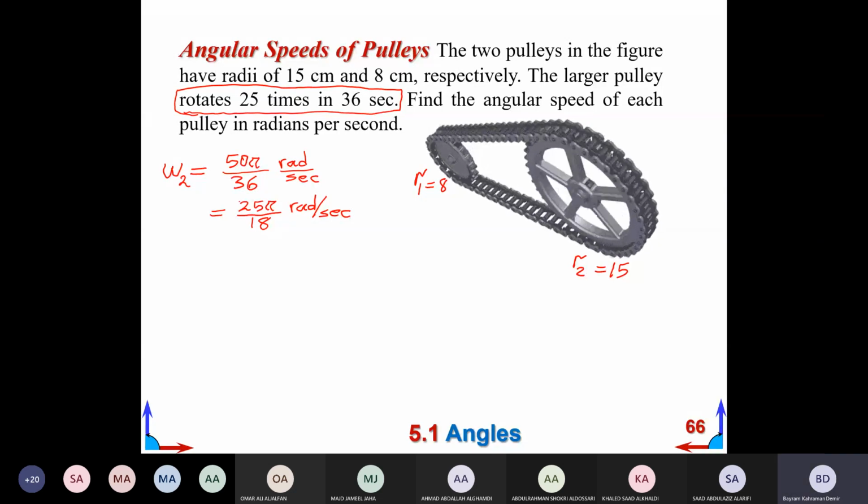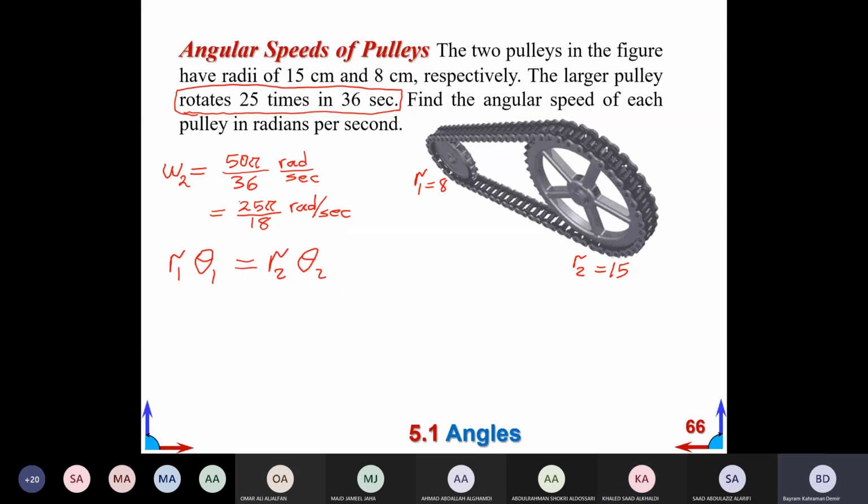Well, I found already the angular speed of the large pulley. I can find the angular speed of the smaller pulley by this famous connection. Remember? R1 theta 1 equals R2 theta 2. Do you guys remember that? Yes, this is a famous one.